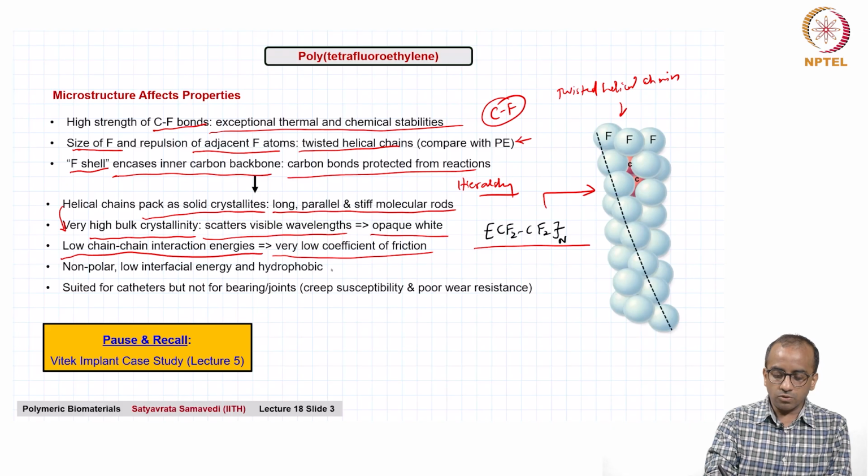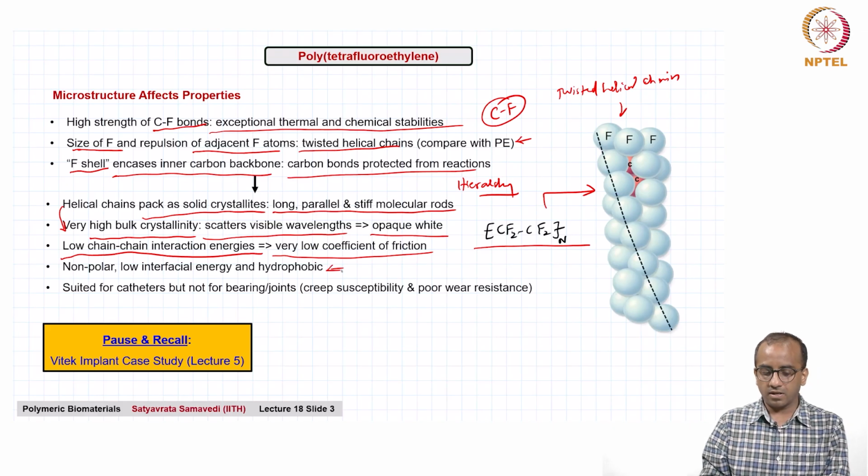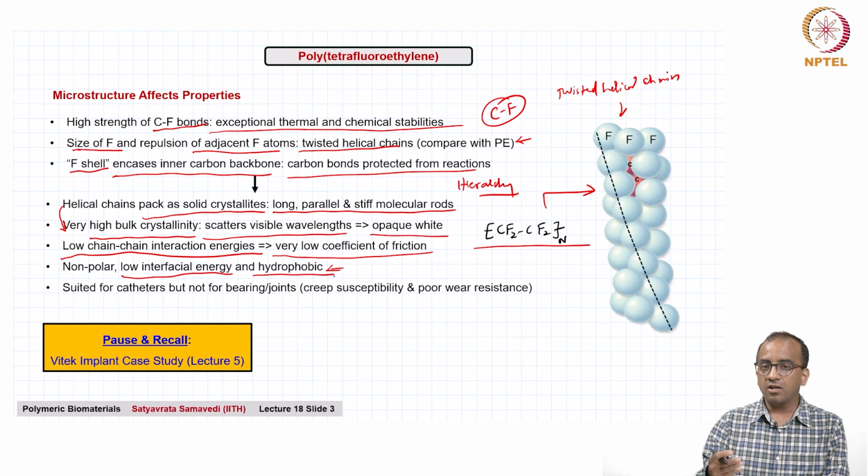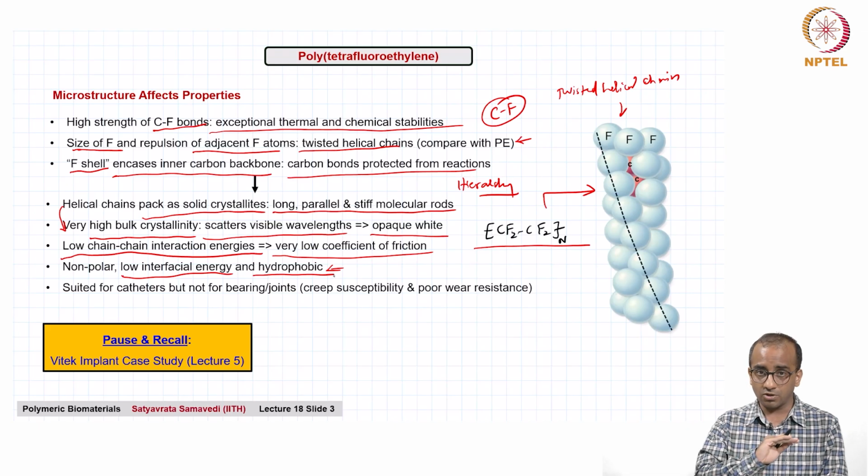The material is also non-polar with low interfacial energy and hydrophobic, which also explains why PTFE is a very popular polymer for non-stick ware. Non-stick vessels that are supposed to repel water are largely coated with this material.